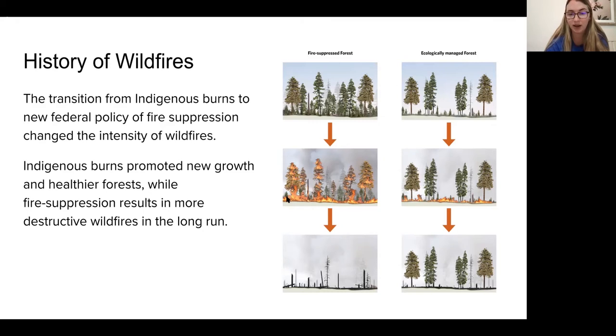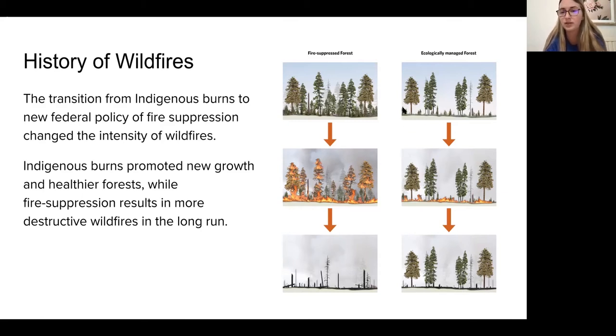We see that the forest fire is climbing up the trees because it's packed so densely that it can actually hop from tree to tree. And after this fire moves through the forest, it leaves behind basically husks of trees. There's not much of a forest left after a fire has come through a fire suppressed forest.